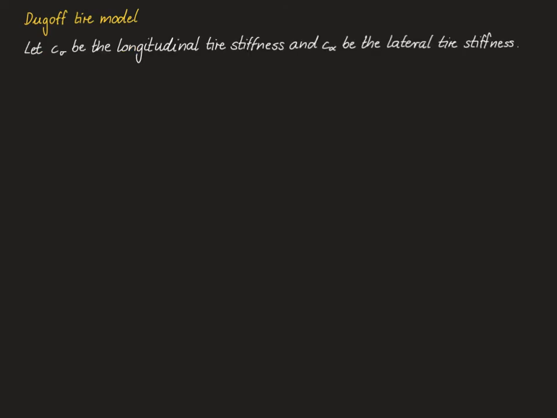So we denote these two distinct values by C sigma for the longitudinal tire stiffness and C alpha for the lateral tire stiffness. For the Dugoff model, there actually exists a full analytical derivation. However, here we only present the resulting model equations.